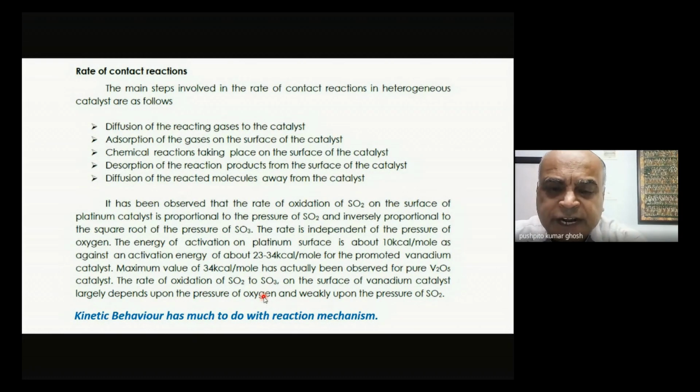If you just read it as a statement, of course, it looks scientifically interesting, but you must also be able to appreciate, therefore, what are the implications in terms of practicing the process, and also how important reaction mechanism is. Because if I don't know the reaction mechanism, I don't know anything. I'll be shooting in the dark.